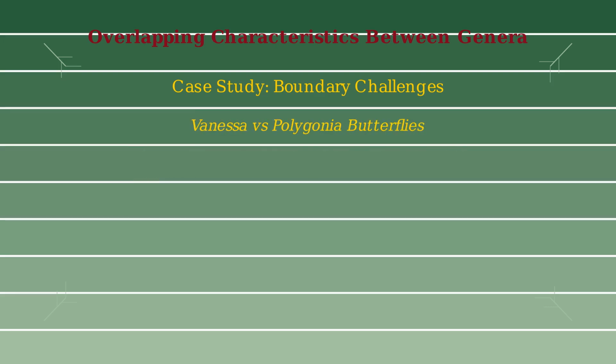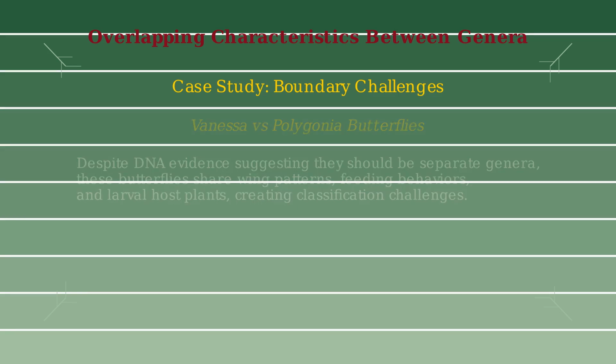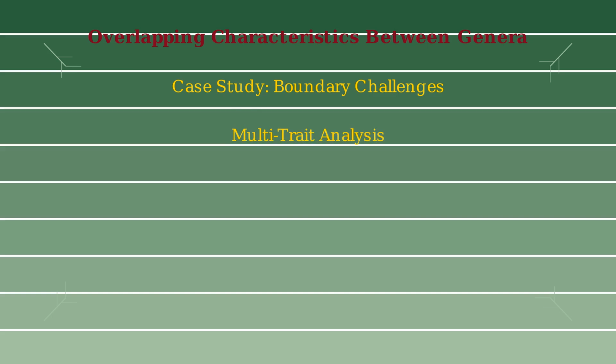Similarly, the butterfly genera Vanessa and Polygonia share numerous traits that make classification challenging. Despite DNA evidence suggesting they should be separate genera, these butterflies share wing patterns, feeding behaviors, and larval host plants, creating significant classification challenges. To address these boundary issues, taxonomists employ multi-trait analysis.